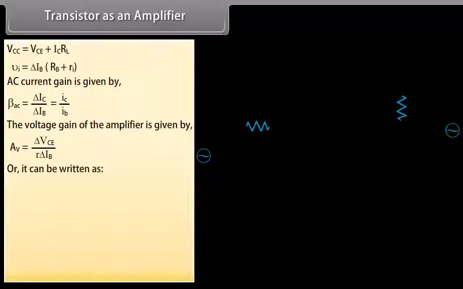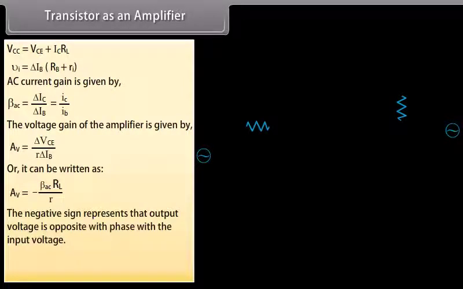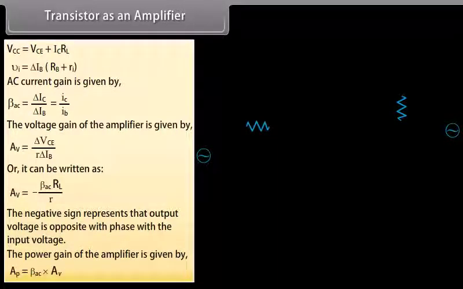Or it can be written as AV is equal to minus beta AC RL upon R. The negative sign represents that the output voltage is opposite in phase with the input voltage. The power gain of the amplifier is given by AP is equal to the product of beta AC and AV.